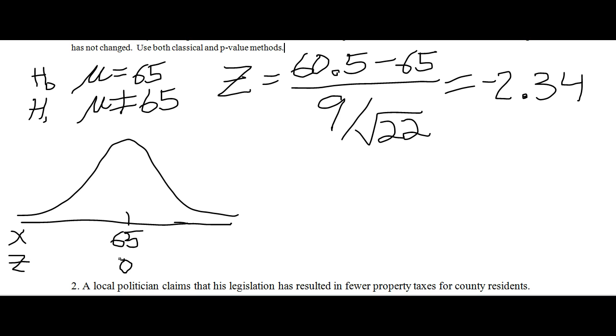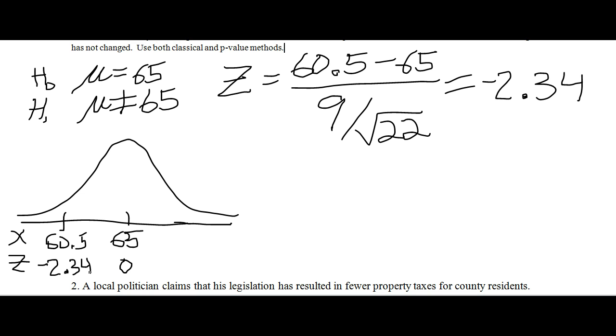Now, what we actually had is 60.5, and we found that that has a z-score, again taking into account this is a sample of 22, of negative 2.34.